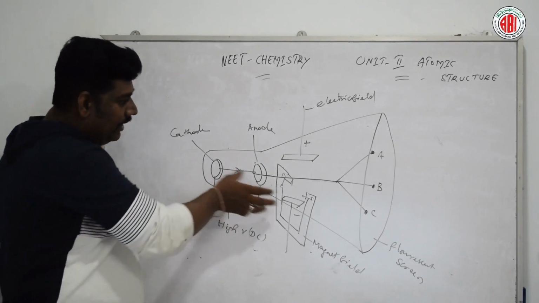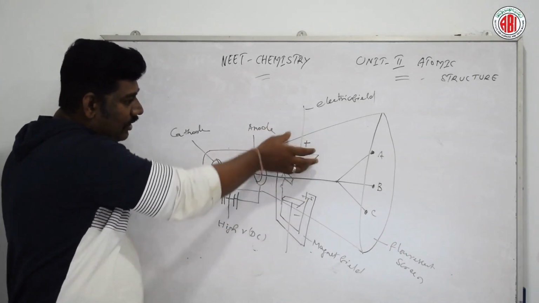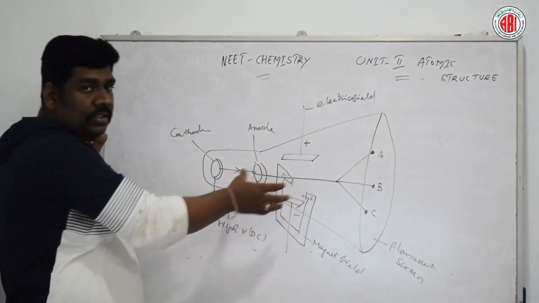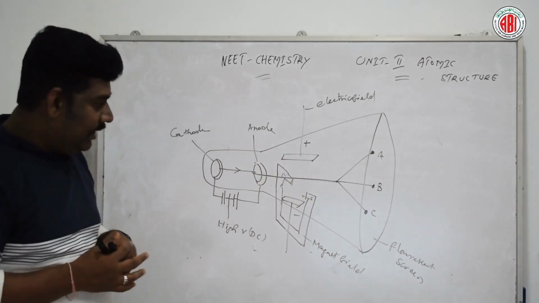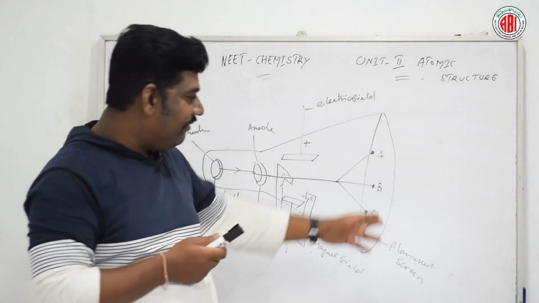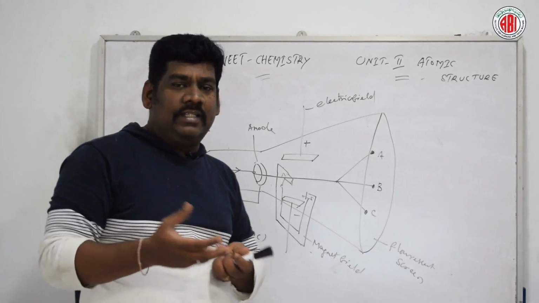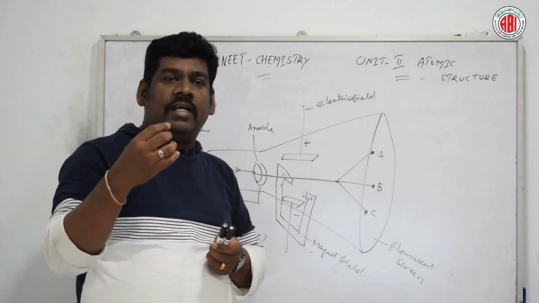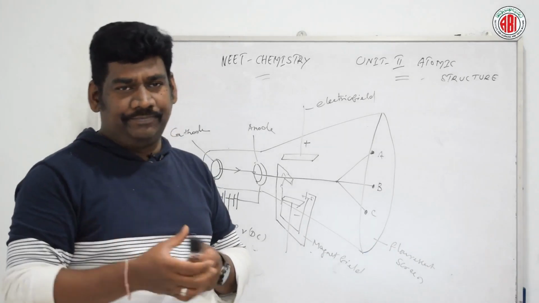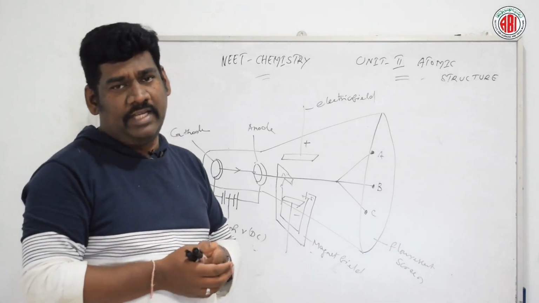Here the electric field is applied and here the magnetic field is applied. It made the particle move in a straight path and then deviate. Based on that he concluded the mass and charge ratio of the electrons.